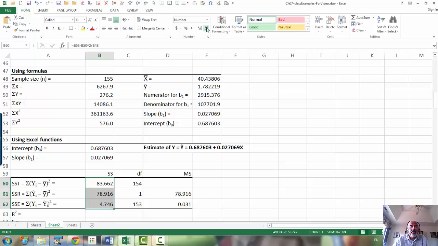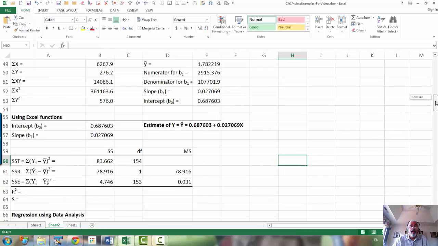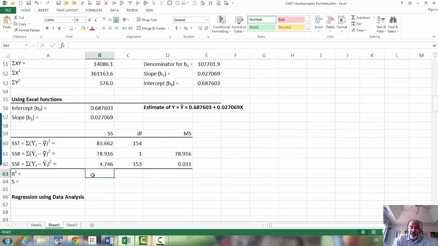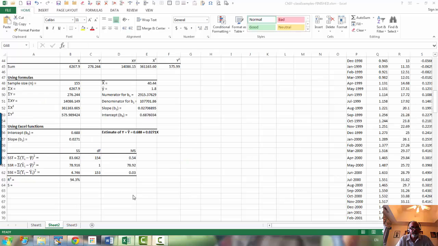Then R squared is SSR divided by SST. We can also use an Excel function RSQ to find the R squared value, the coefficient of determination. It works very much like the intercept and slope functions.